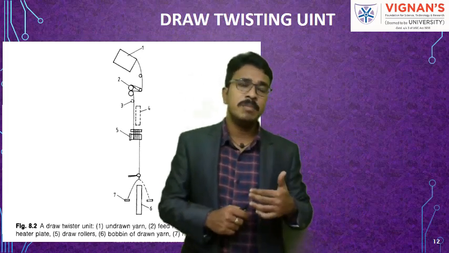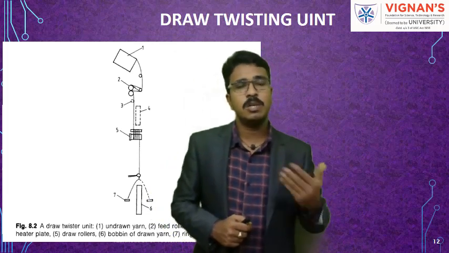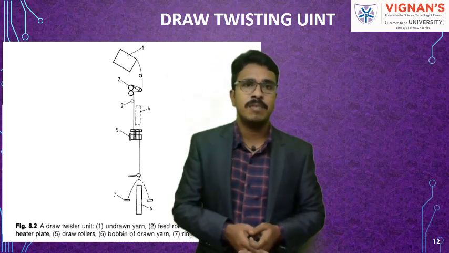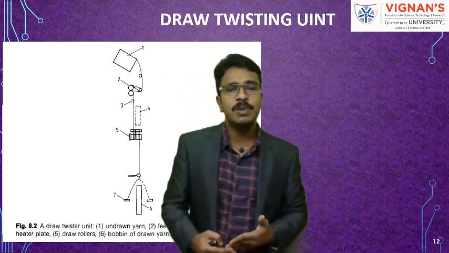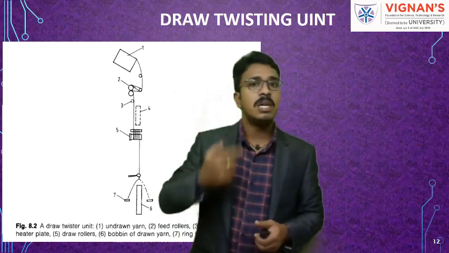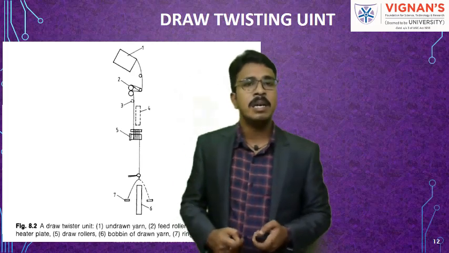Understand? So when it comes to highly oriented yarn or fully drawn yarns, the drawing is integrated in the spinning itself, whereas in case of partially oriented yarn or low oriented yarns, it needs this draw twisting unit to impart the twist, that is drawing and then twisting.